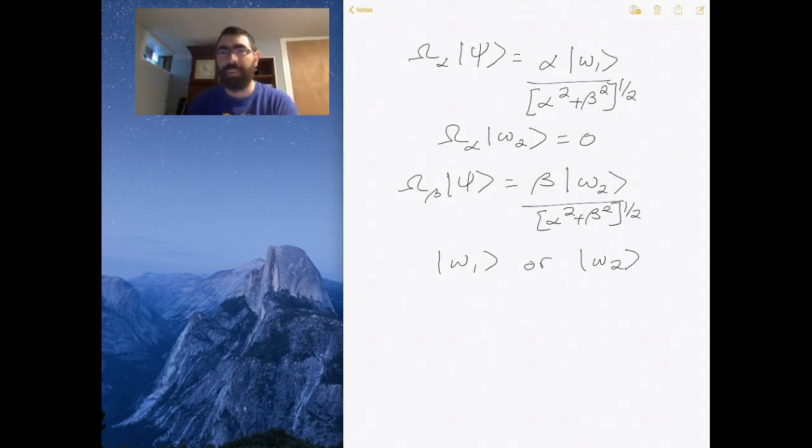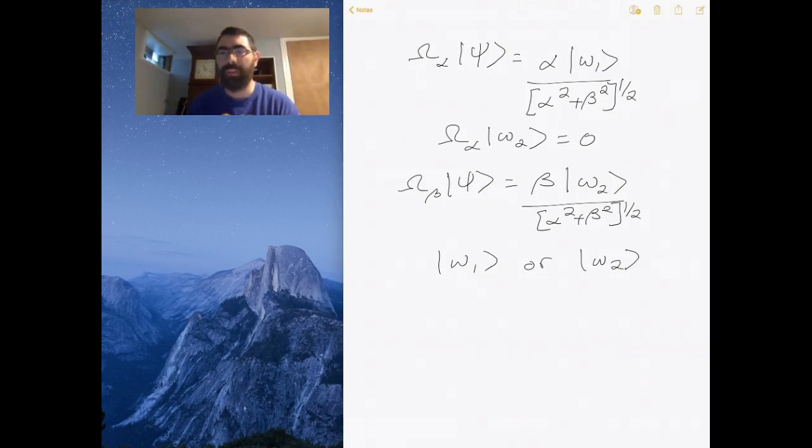If I'm a theorist trying to calculate the most likely outcome of some measurement, I know that the two possible outcomes are omega 1 and omega 2, and then I operate and ask whether I'm going to select the omega 1 state or the omega 2 state. I'm not going to select both of them at the same time.